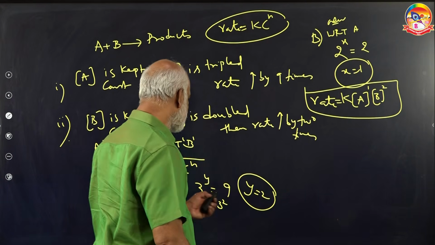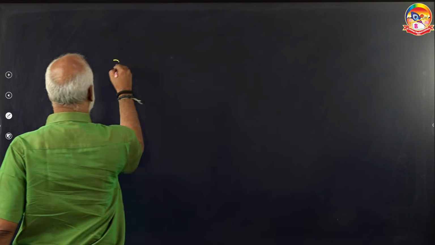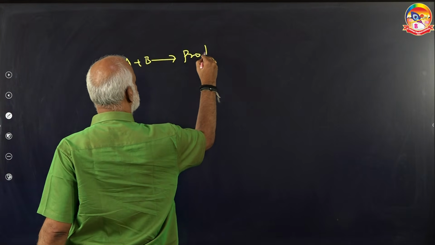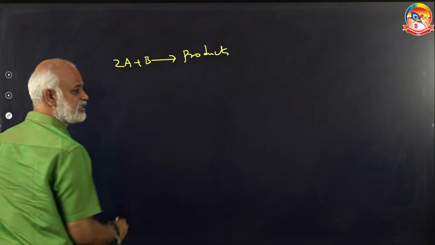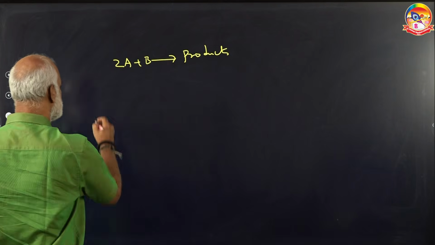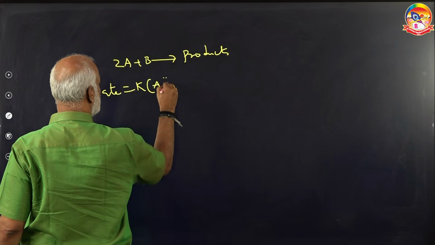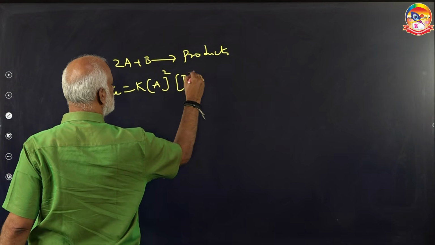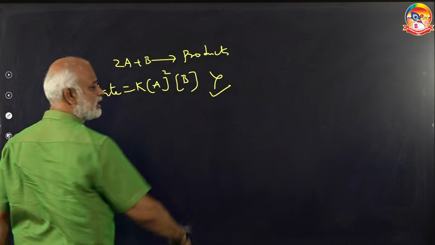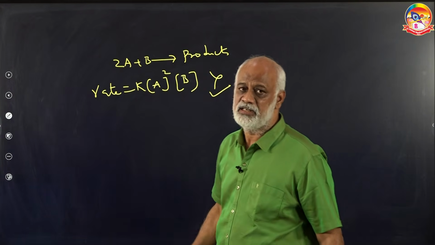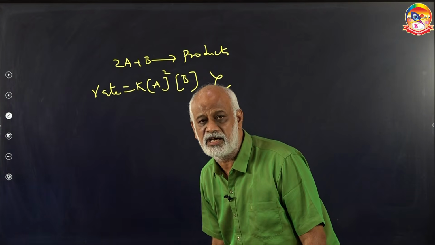To understand that, let us say someone just gave 2A plus B gives products and just asked what is the rate. They did not give you anything. So, rate is equal to k into [A] to the power 2 [B]. Can be right or wrong, we do not know. Why? They did not mention whether the reaction is elementary or not.